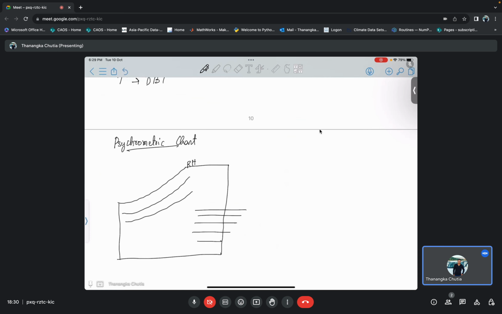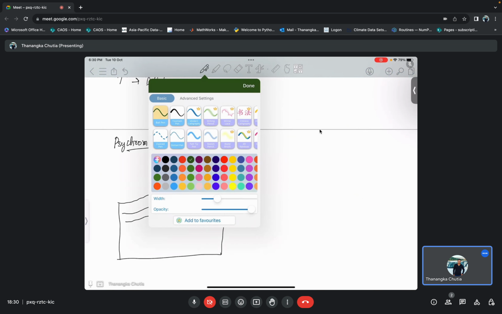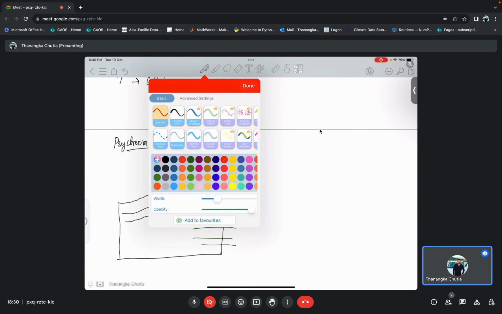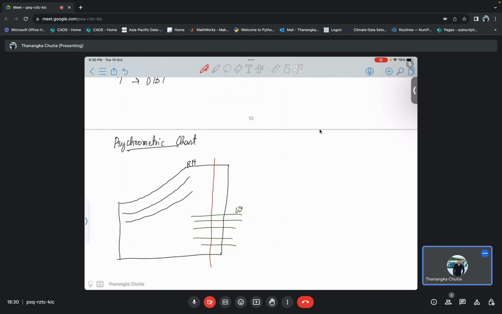These lines are your specific humidity lines. And then these lines are your temperature lines. It can be wet bulb temperature, it can be dry bulb temperature, it will depend.